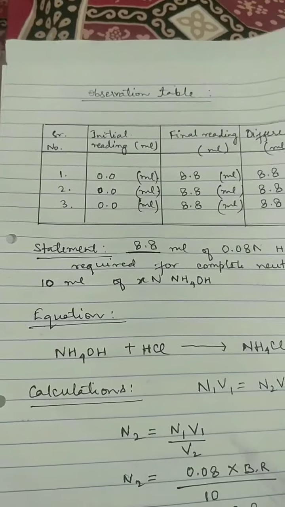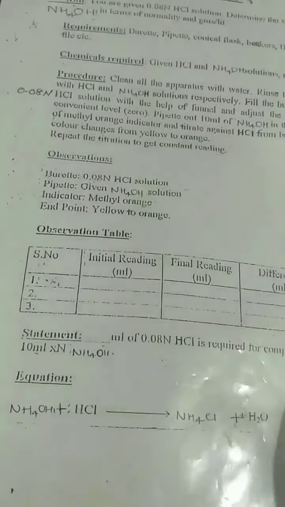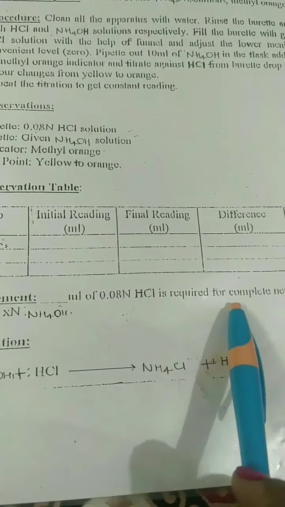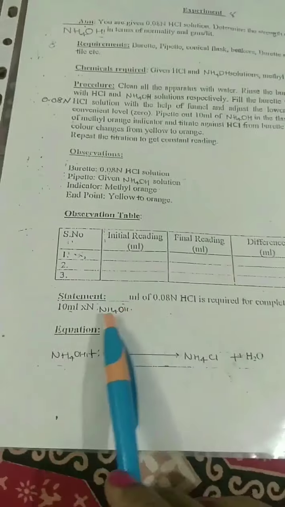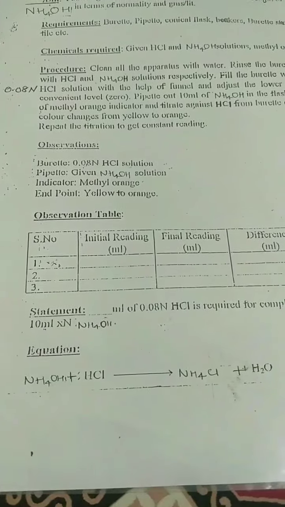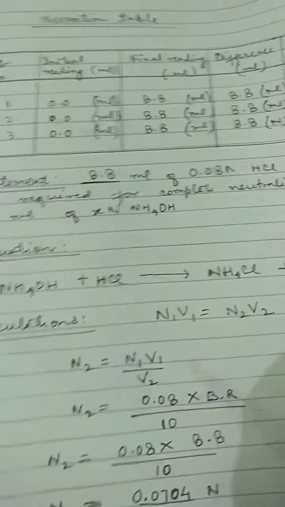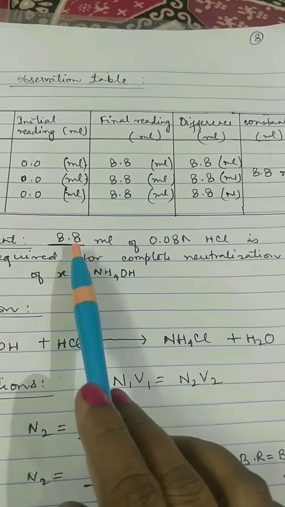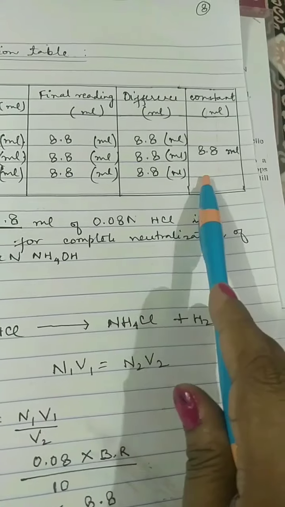Then you see the statement given in the chart. X ml of 0.08 normal HCl is required for complete neutralization of 10 ml X normal NH4OH. So in this place of dash, what will you write? The amount of HCl consumed, that is our constant.